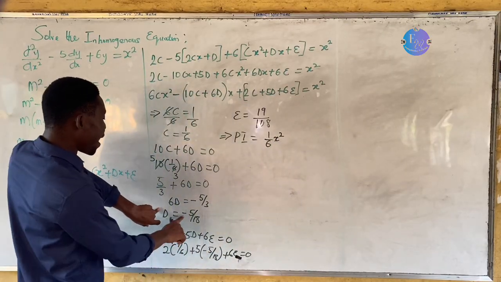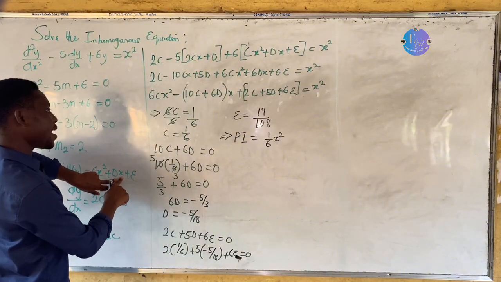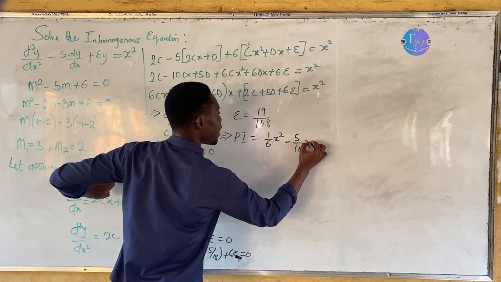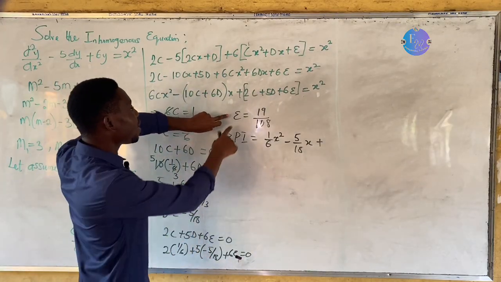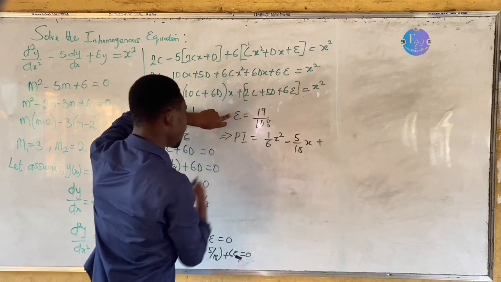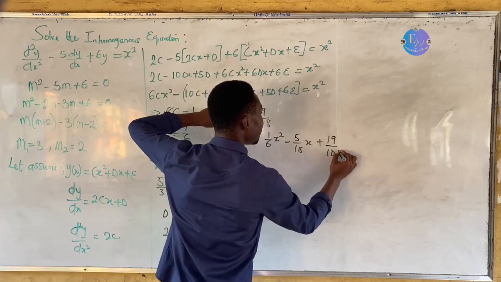We have d to be minus 5 over 18, so dx is minus 5 over 18 x, plus we have the value of e to be 19 over 108.